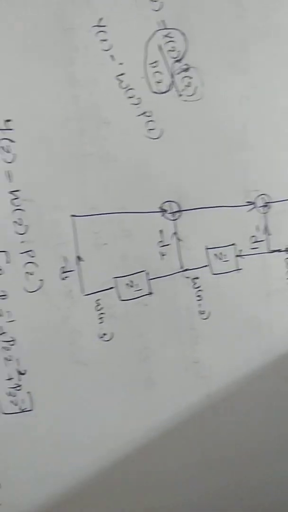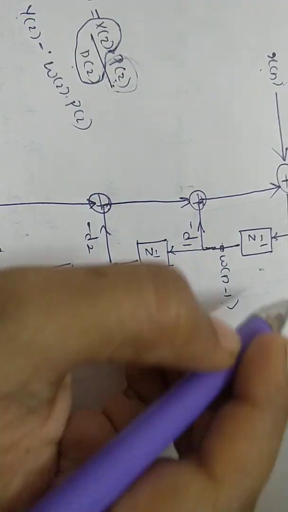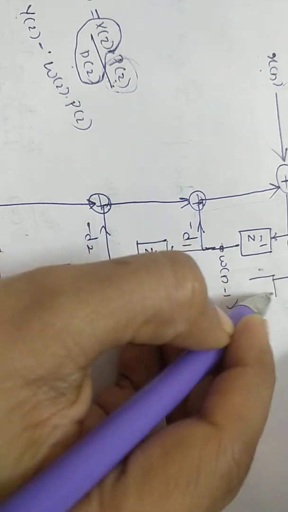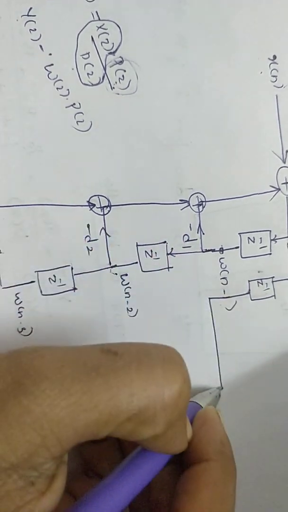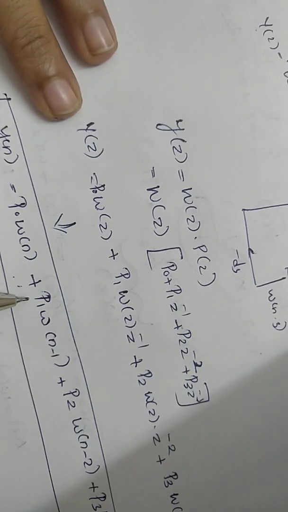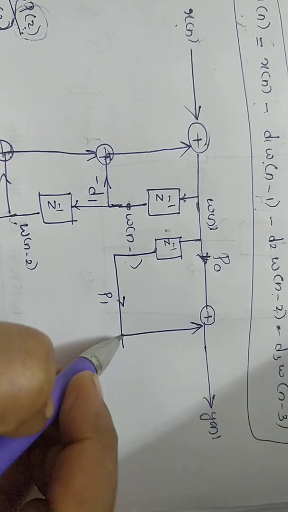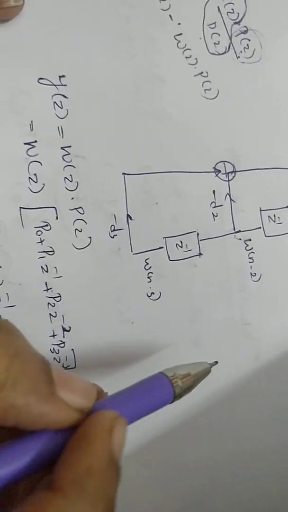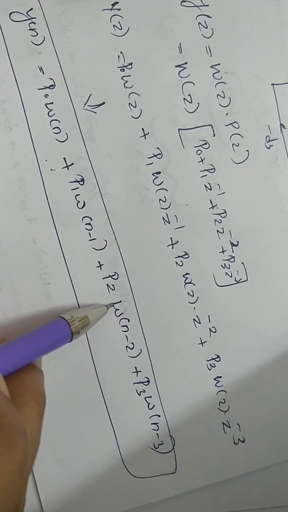What is the second term? p1 into w of n minus 1. For getting w of n minus 1, I am taking a delay from here, z inverse, and multiplying it with p1, and it is added. What is the next term? W of n minus 2 into p2.